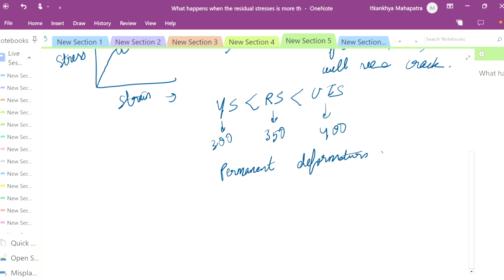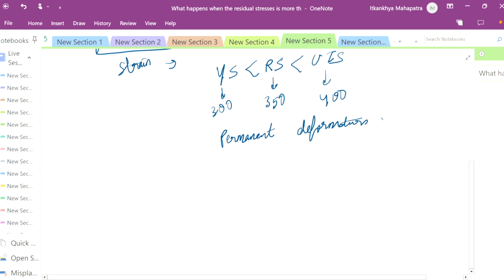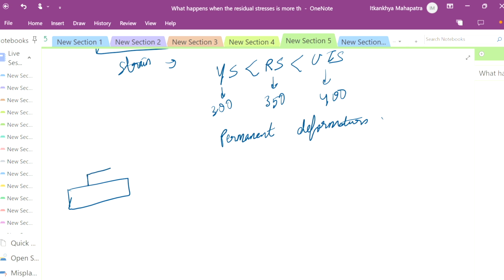This phenomenon is mostly seen when, suppose this is your build plate or substrate and this is your material or specimen.